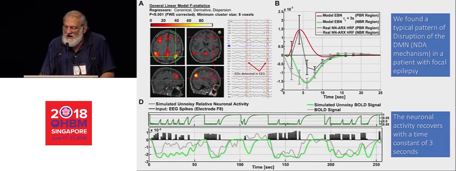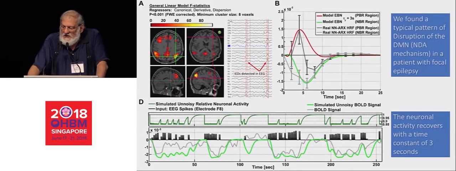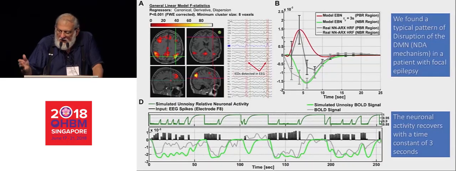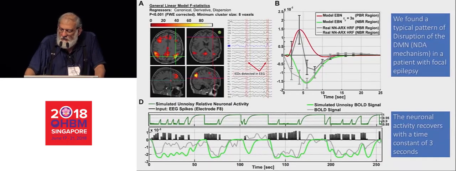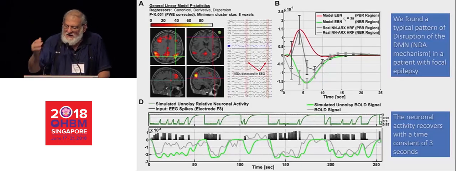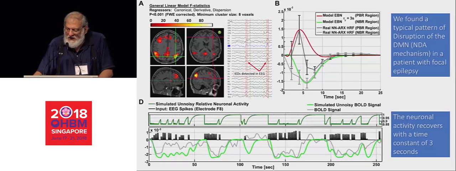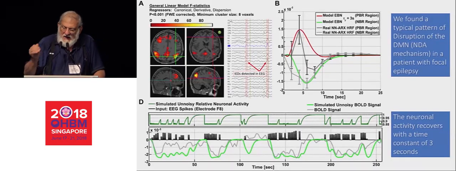So here we see one particular case. This is probably a disruption. This is an epileptic patient with this probable disruption of the default mode network. And there you see the estimated responses. You also see the localization on the top left, and on the bottom, you see the different spikes that were detected.